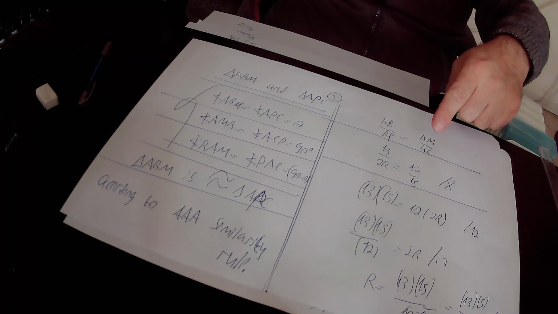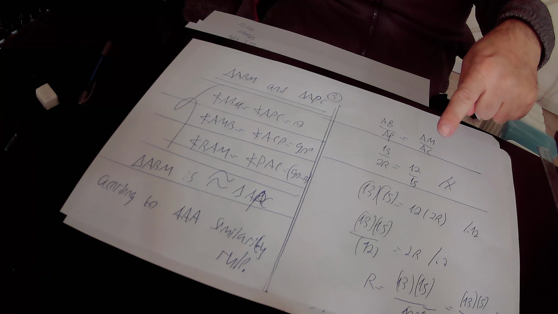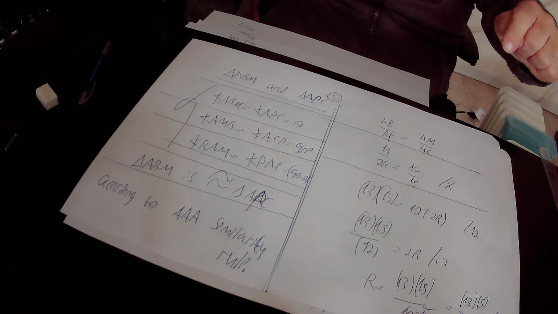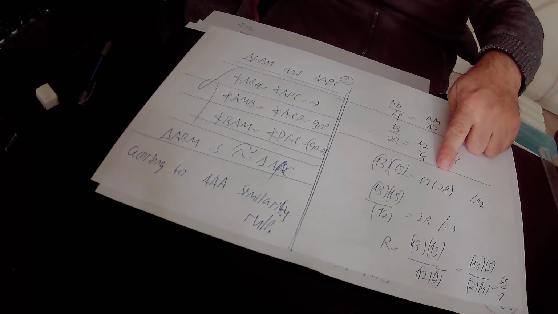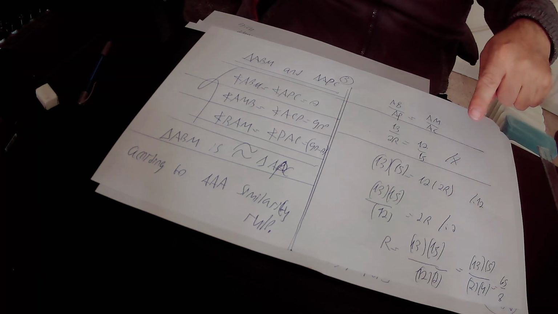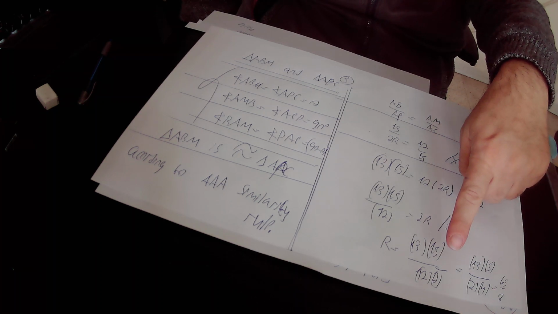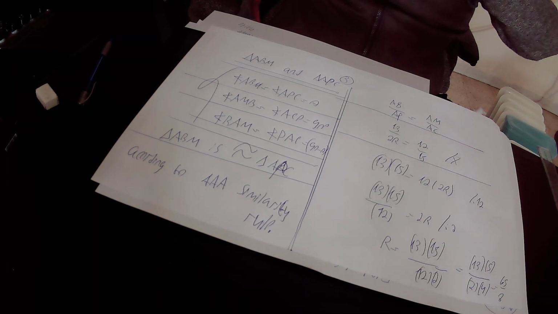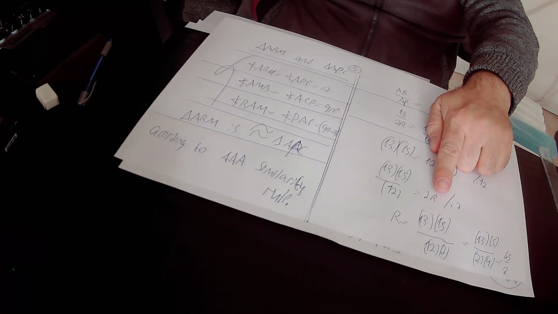Here, of course, we cross-multiply this equation and find that 13 times 15 equals 2R times 12. Here we divide this equation by 12 and find that 2R equals 13 times 15 over 12. Here we divide by 2 and finally find that R equals 13 times 15 over 12 times 2. Here we divide both the numerator and the denominator of this expression by 3.